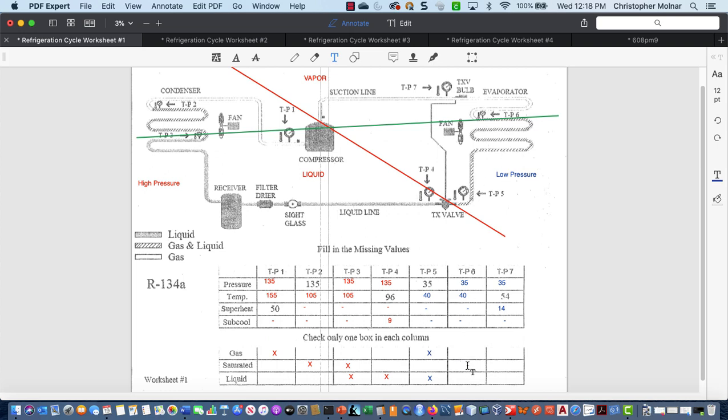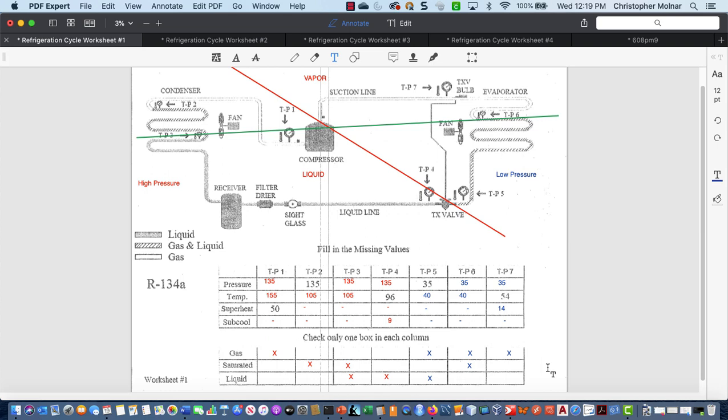TP6, again, I am going to say saturated. Some people will say it's a gas. Either way, it's fine. And coming into the compressor, it is definitely a gas. We don't want any liquid coming into the compressor.